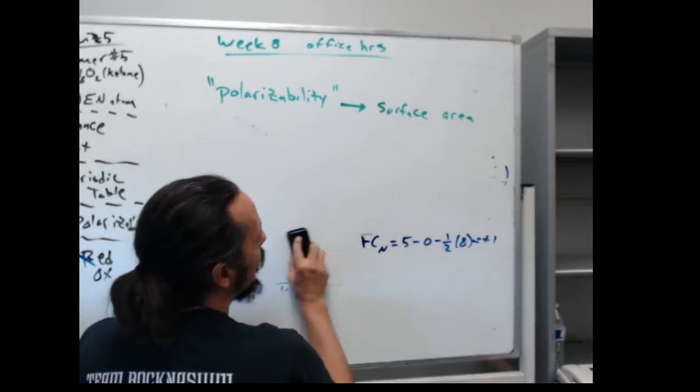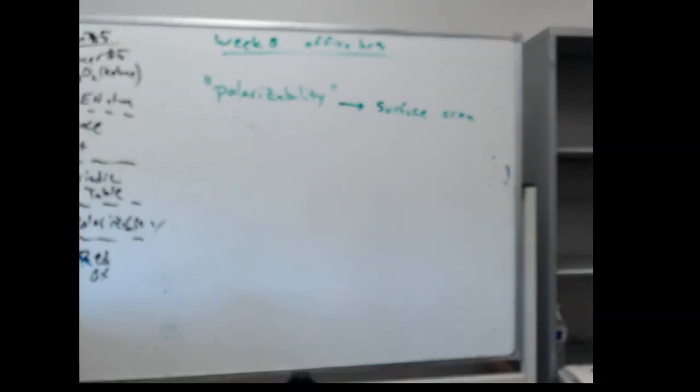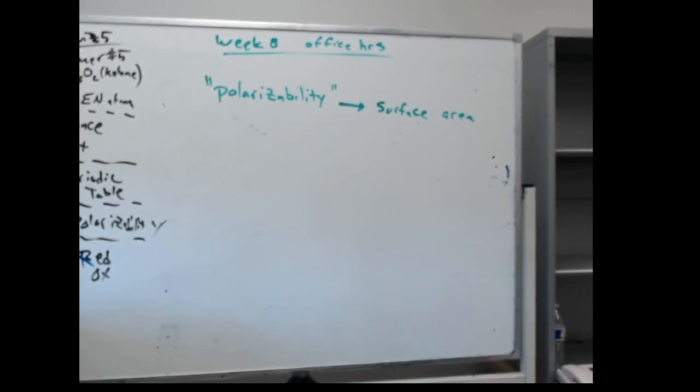We've been using surface area as our shorthand for polarizability. There's other factors that go into polarizability that have to do with things beyond this class, like three-dimensional geometry, bond vibrations, external forces, a bunch of other things. For us in this class, surface area is what we've been using to describe the main features of polarizability.